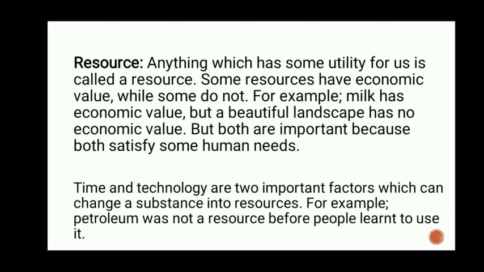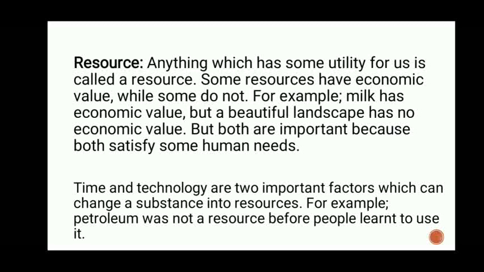Some resources have some economic value, but others may not. Time and technology are two important factors which can change a substance into a resource. Let us understand this with an example.